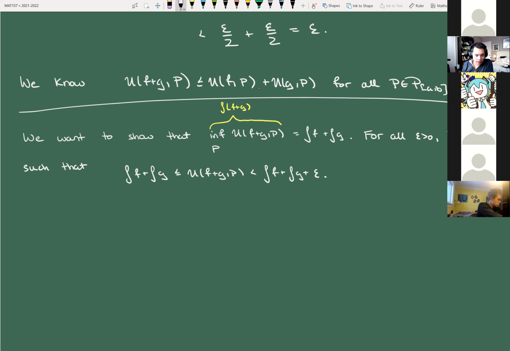Okay, so if we can do this, then that will prove that the integral of f plus the integral of g is equal to the infimum of these upper sums, and that in turn will prove that the integral of f plus the integral of g is the integral of f plus g, right? So that's what we want to do. Now, normally, so there's two inequalities that we have to prove here.